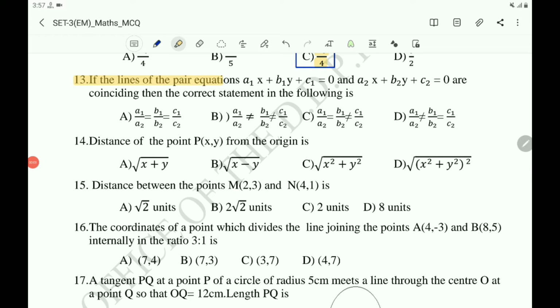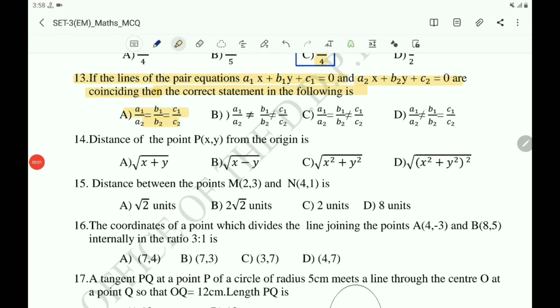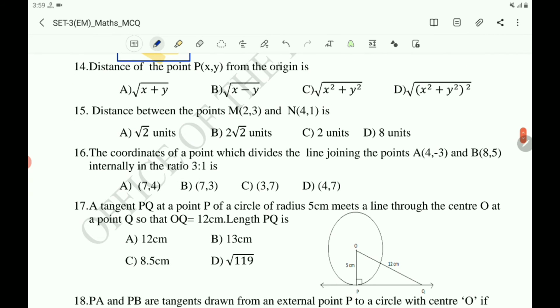If the lines of the pair of equations a1x plus b1y plus c1 equals 0 and a2x plus b2y plus c2 equals 0 are coinciding, then the correct statement is, they are coinciding means they have infinite number of solutions, and a1 by a2 equals b1 by b2 equals c1 by c2. Option A is the answer.